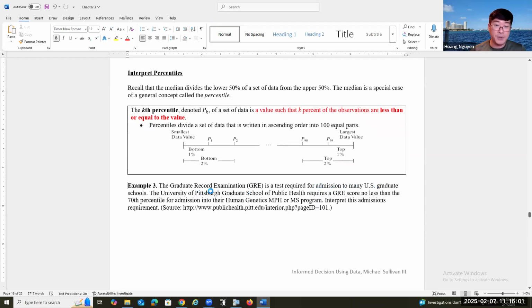The University of Pittsburgh's Graduate School of Public Health requires a GRE score no less than the 70th percentile for admission into their Human Genetics MPH or MS program. Let's interpret this admission requirement: no less than the 70th percentile.